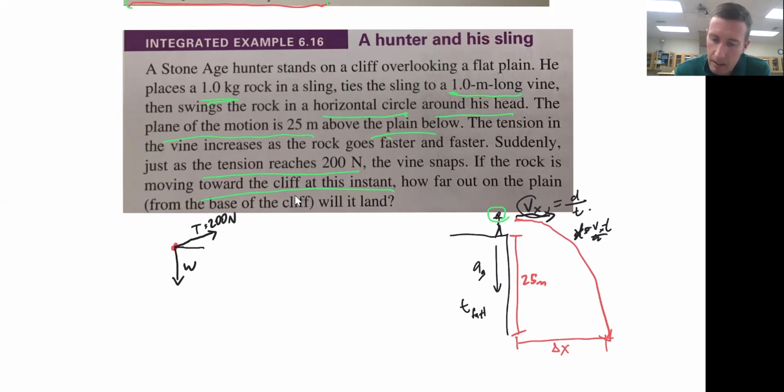The weight is based off of a 1 kilogram rock. So the weight is equal to mass times the acceleration due to gravity, which is equal to 1 kilogram times 9.8 meters per second squared, which is equal to 9.8 newtons.